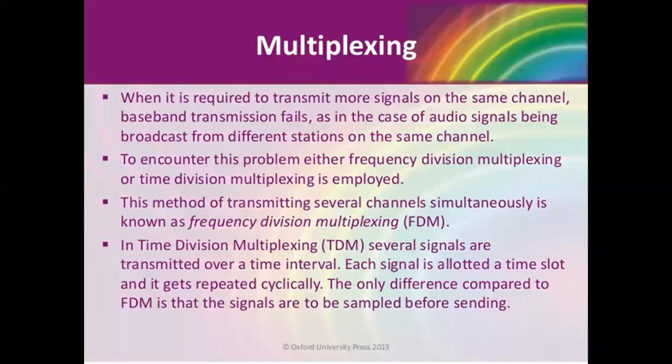If it is baseband transmission, only one signal can be transmitted. If multiple signals are propagating, you require multiplexing. To overcome this problem, either frequency division multiplexing or time division multiplexing is employed, in order to transmit many signals on a single channel.